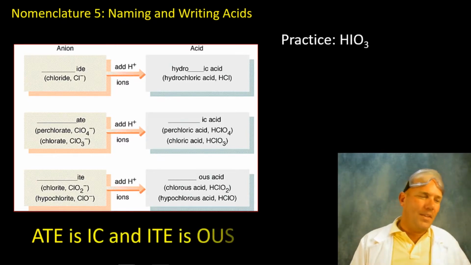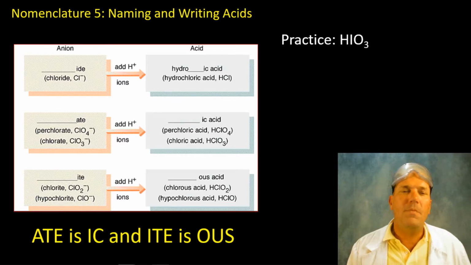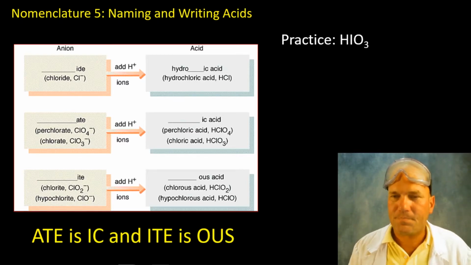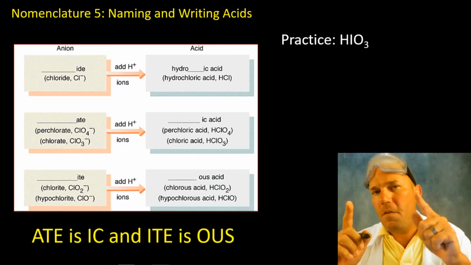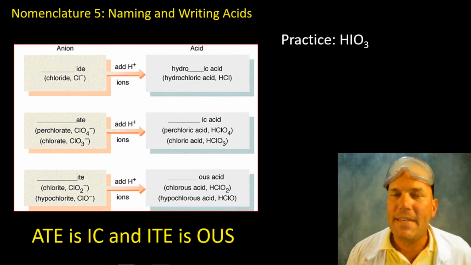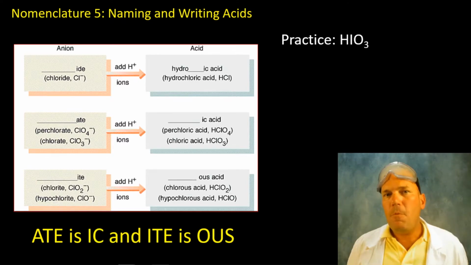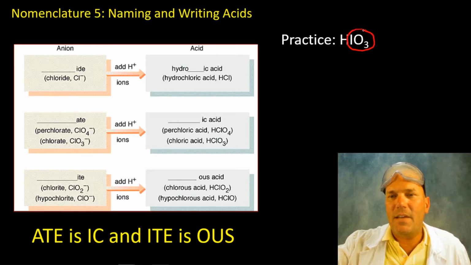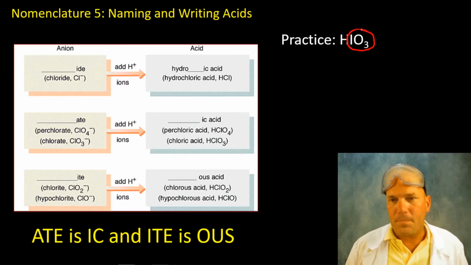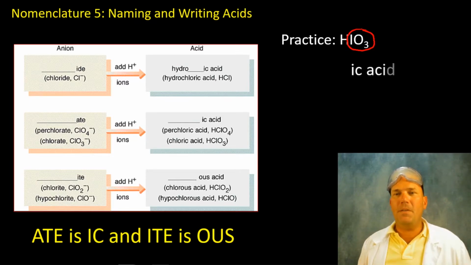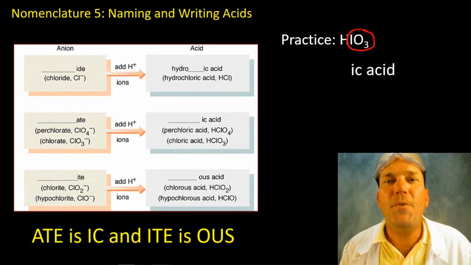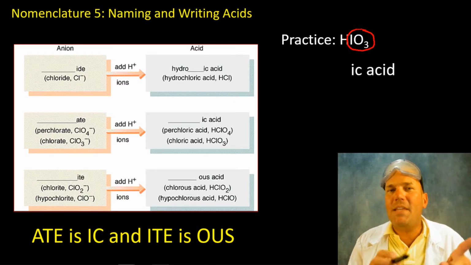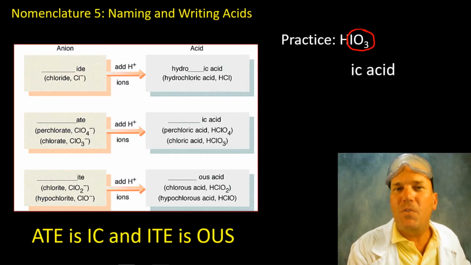Now, let's look at a couple more before we call it good. Now let's go from formula to actually naming it. Step 1, identify that anion suffix. That looks familiar. That's iodate, one of the polyatomic ions you're required to know.